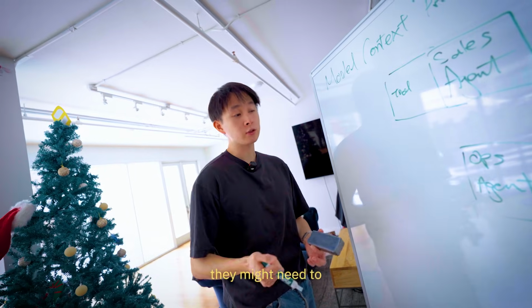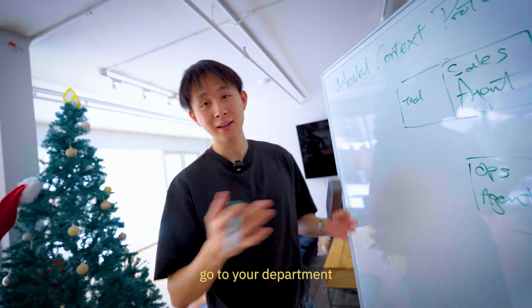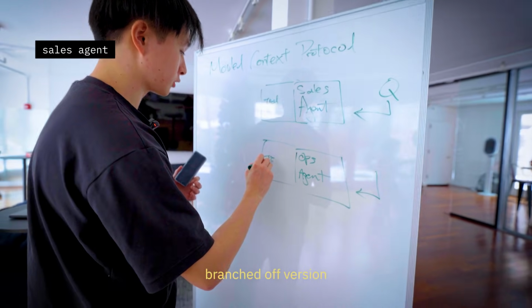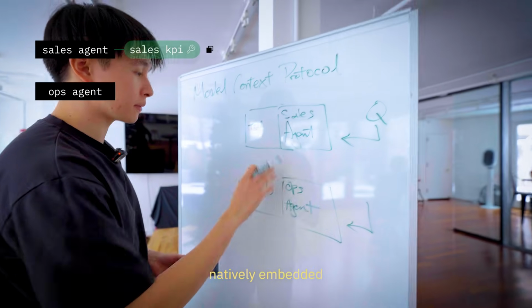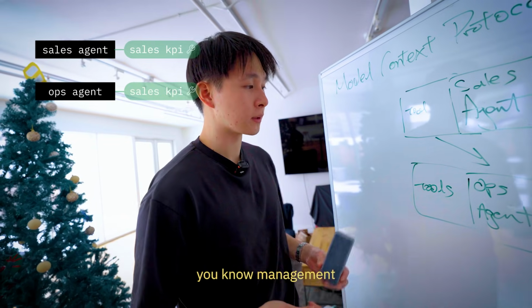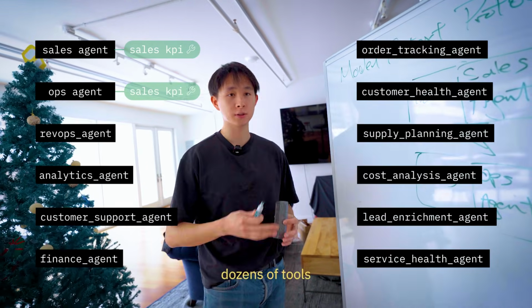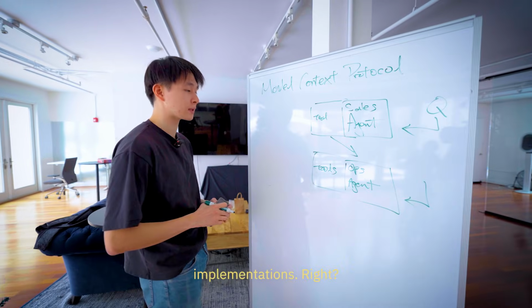However, they might need to see how your sales KPIs are happening, and they would have to go to your department and ask for a copy of that code, and implement that. Then you get a branched off version, which gets really messy to handle, right? Because this is natively embedded within your sales agent. If you want to duplicate that, it makes management a nightmare, for example, when you want to scale up to dozens of tools across multiple different verticals, five or six different implementations, right?